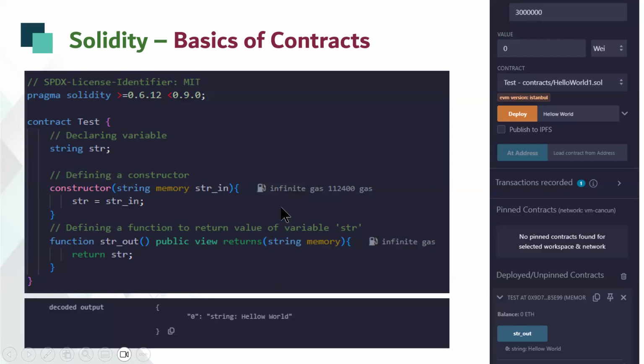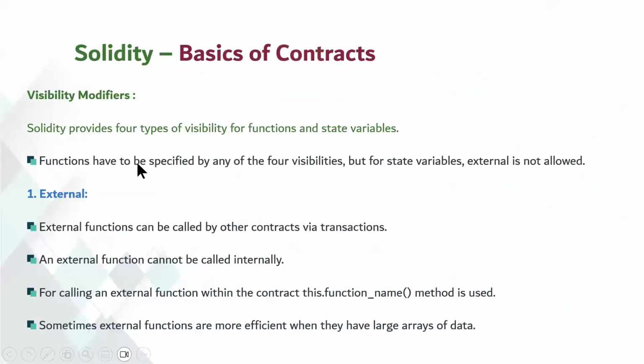Okay. Now let's go to the Solidity visibility modifiers. Solidity provides modifiers for functions and state variables, which determine their accessibility. And this topic is important. There are 4 types of visibility modifiers: external, public, internal, and private.